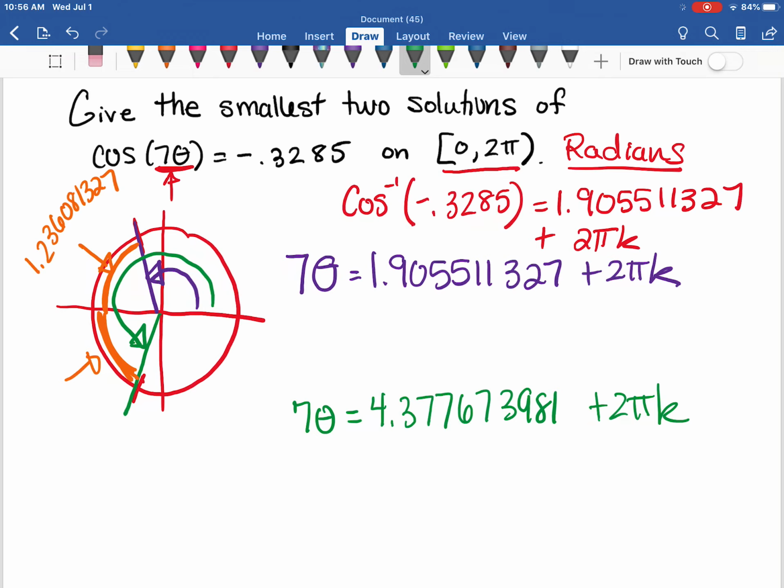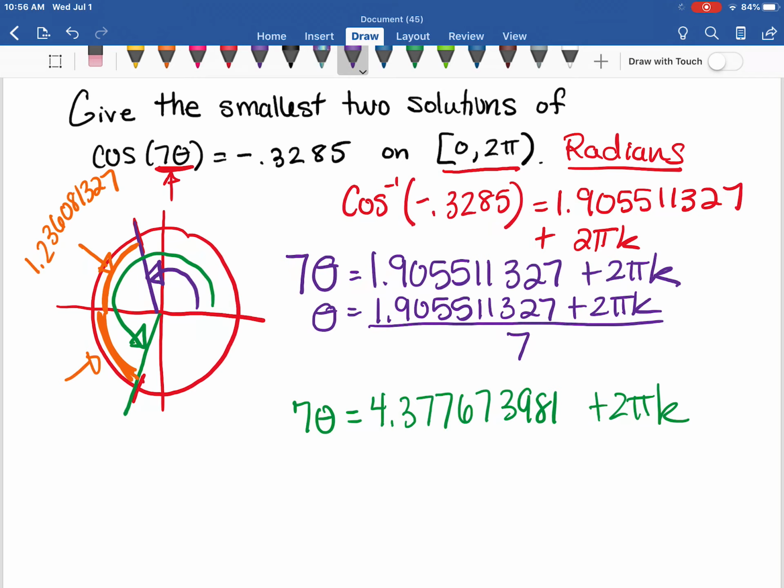Now, to figure out what theta is, we're going to divide everything by 7. Same thing for the green angle. I'm going to divide everything by 7 so I can figure out what theta is.